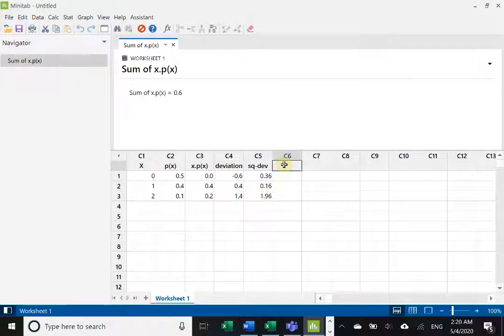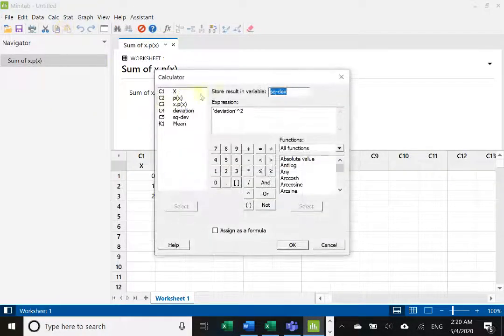Okay, and finally we're going to do square deviation times the probabilities. So in this column, calculator, and then we're going to add them, right? So I'm just going to call this SQ deviation times probability of X. That's the actual formula we're going to do.